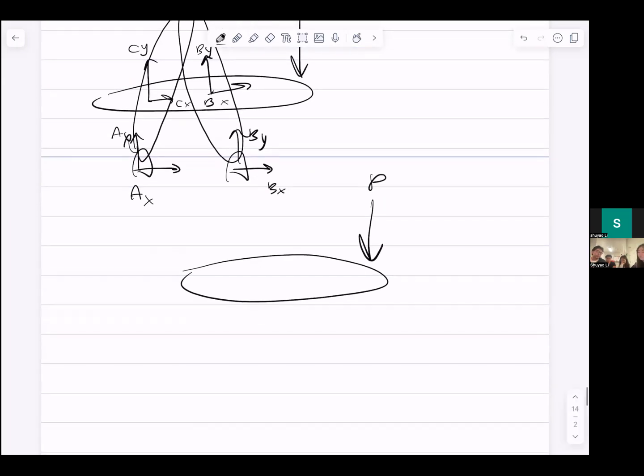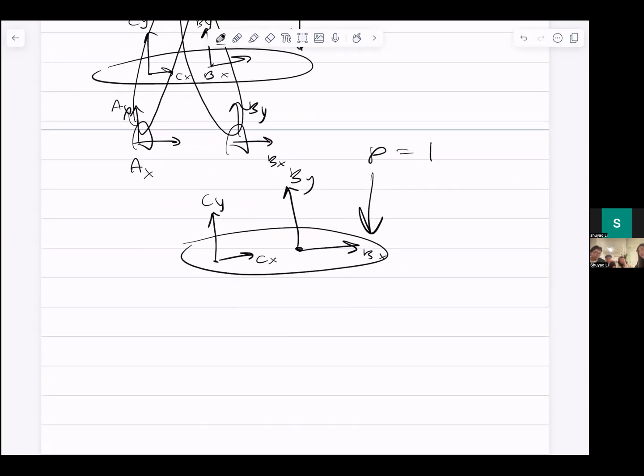Basically, we're going to take that member apart because we're given a known value for P. We could just say that's 8. No, we're going to say that's 1 to simplify. BX, BY, these are all pin supports, so we have just a vertical and a horizontal reaction.